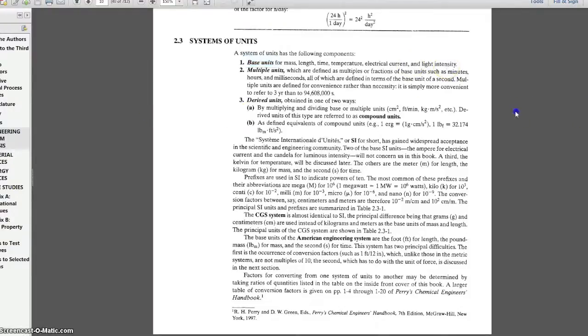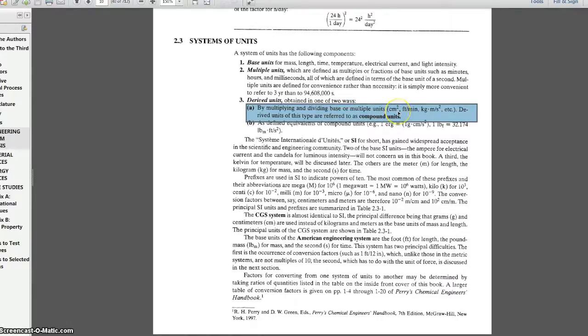The second part is the derived units, which are obtained in 2 ways. The first is multiplying and dividing base or multiple units, such as centimeter square.